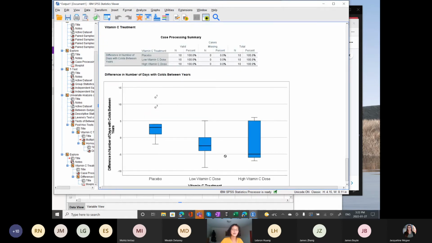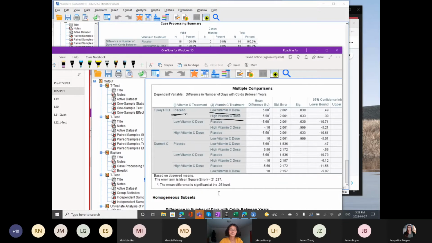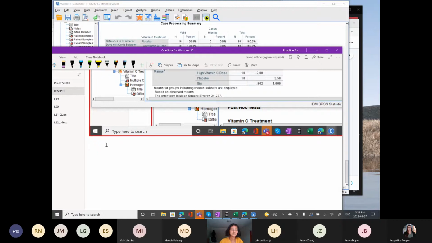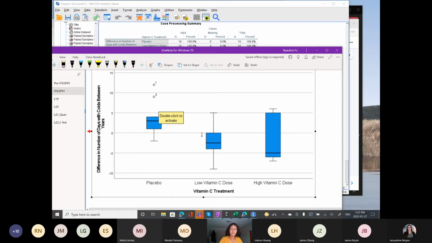So this is the box plot. The mean value for group 1 is here. I need to copy this to OneNote. So this is the median for group 1. This is the value for group 2, and for group 3. By just visual investigation, those are different means.